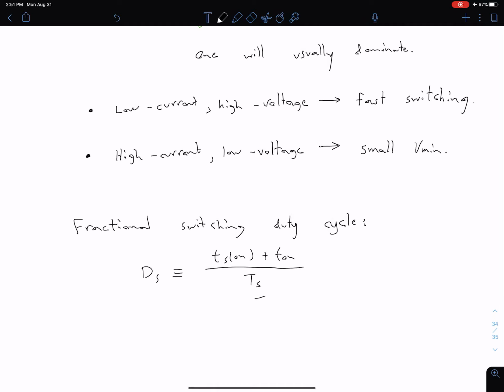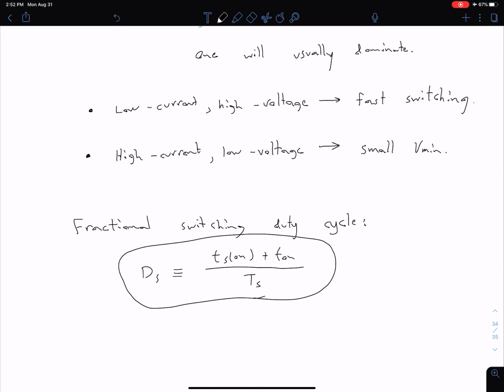That Ts is the switching waveform period that I defined earlier in this video. This is another instance where certain textbooks or people might define the fractional switching duty cycle a little differently. So just be aware, in this case, we're only including the switching period when we're switching on. We are not including the time when we're switching off.